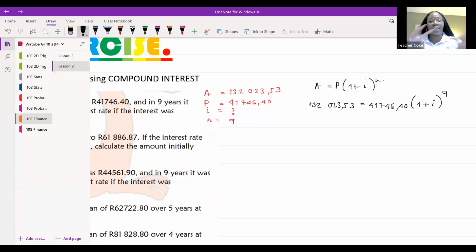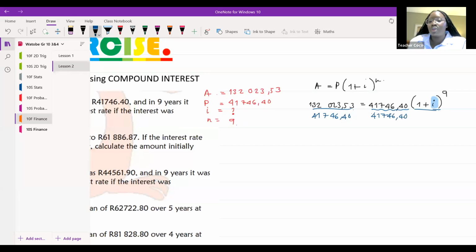All right, let's start shifting. You agree the thing that I want is actually the I, yes? Now, this thing is attached to the bracket. I can't get rid of this, but I know I can get rid of this number. How do I get rid of that number? Let me divide. I'm going to divide by 41,746.40.